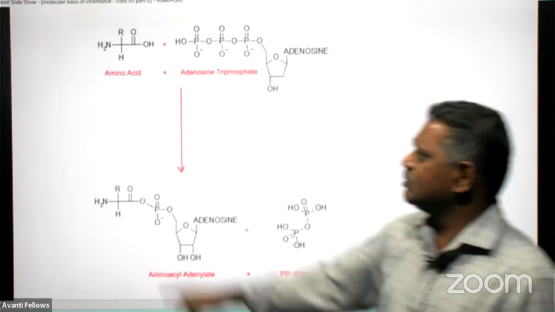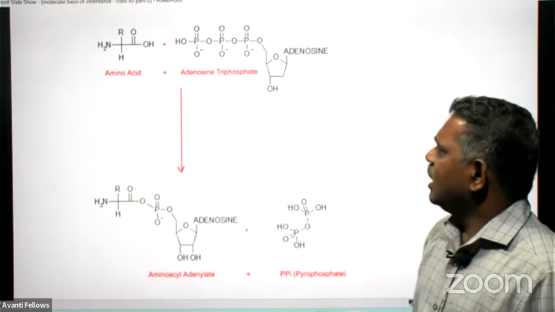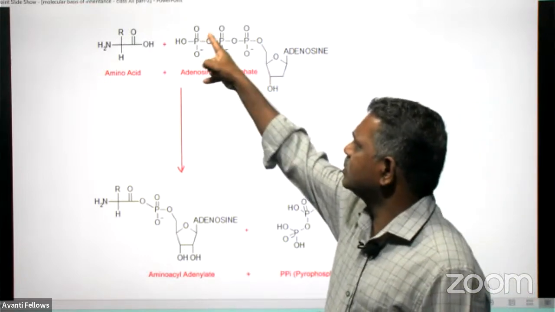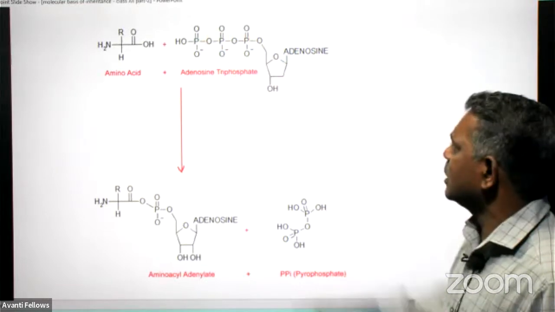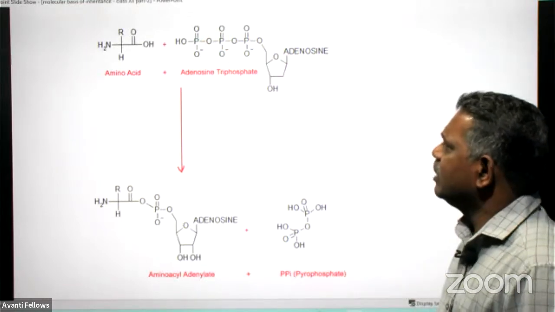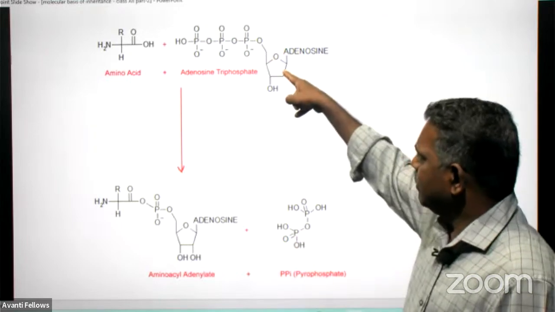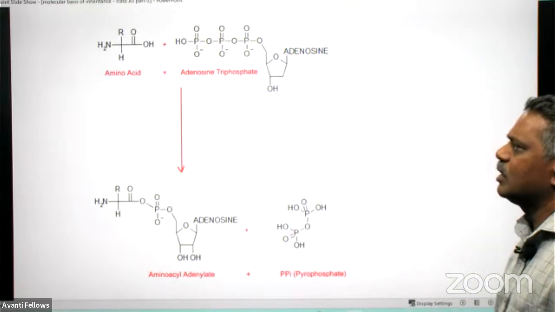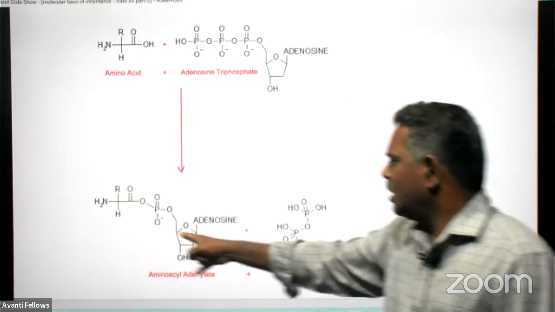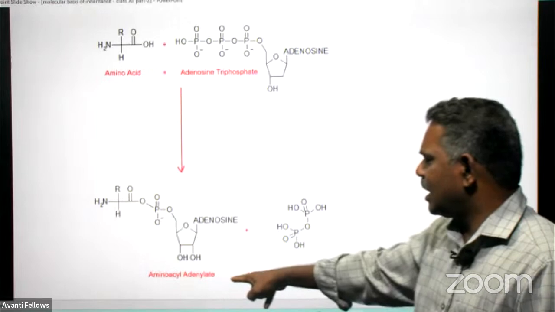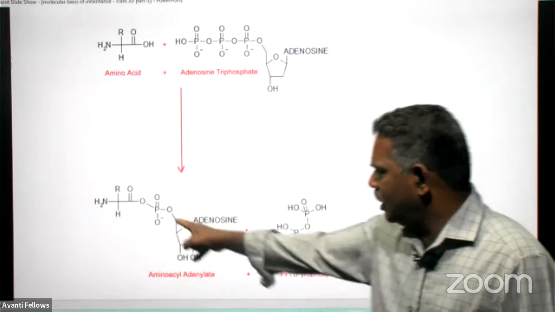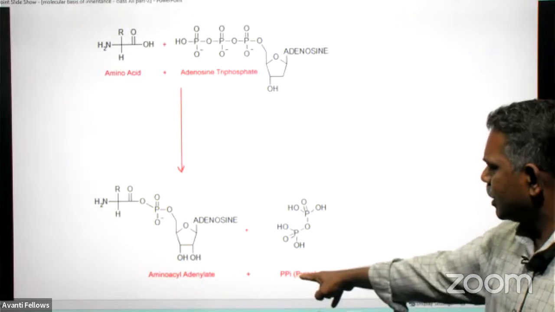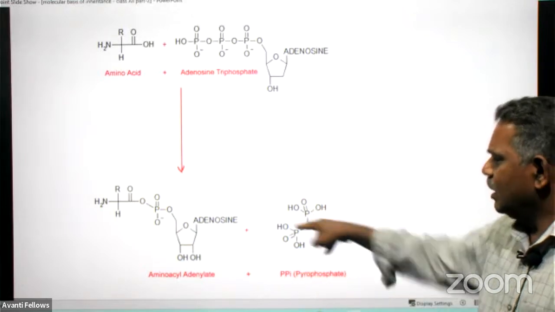Here you can see this is the amino acid, and this is the adenosine triphosphate, 3 phosphate molecules are there, 1, 2, 3, adenosine triphosphate molecule. This is adenine, then pentose sugar, ribose sugar only, and 3 phosphate molecules. The adenosine triphosphate molecule connects to the amino acid and forms what? Amino acyl adenylate, with only 1 phosphate molecule here, and here 2 inorganic phosphates are released.